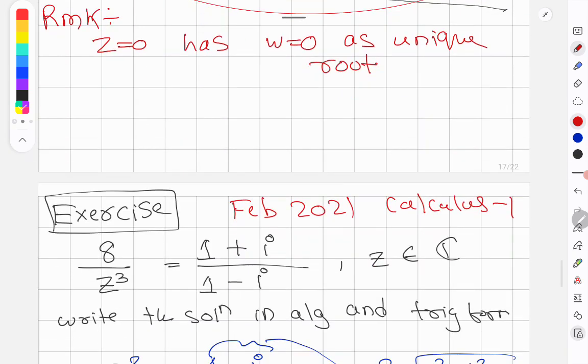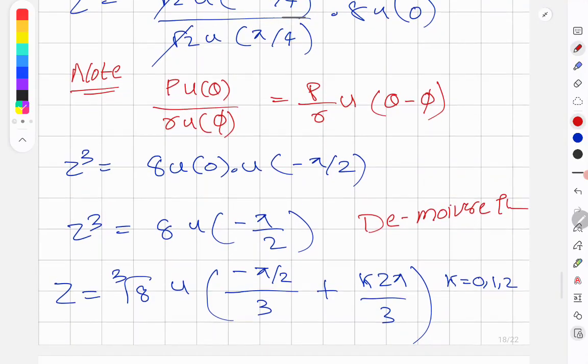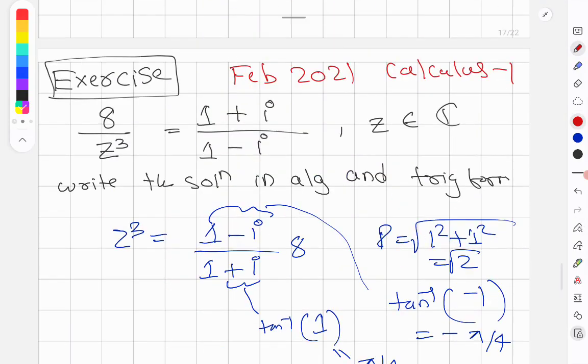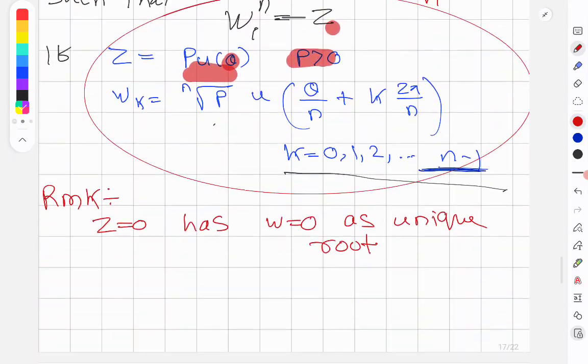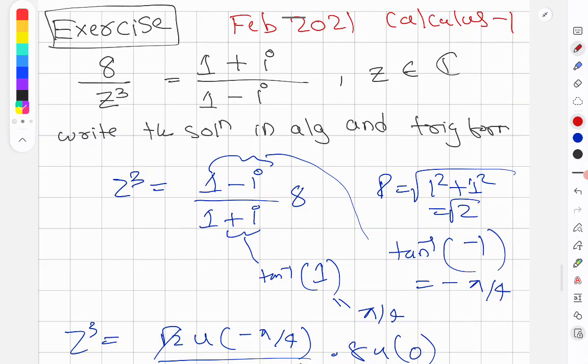You will see one question, and maybe your concept will become clear. So let's solve this one, so it can cover all the previous concepts.